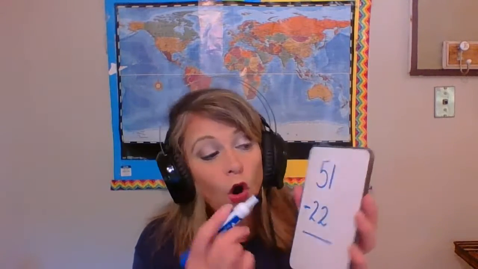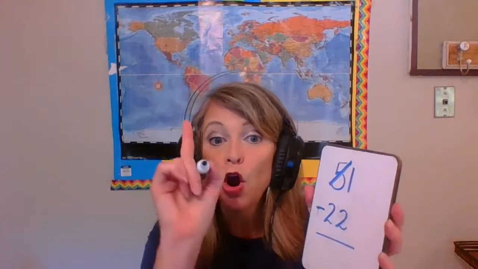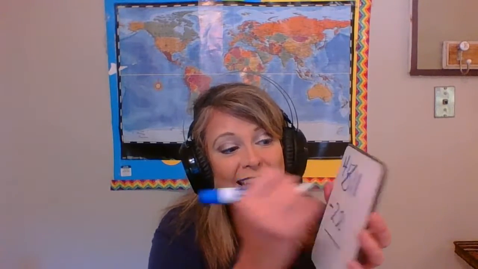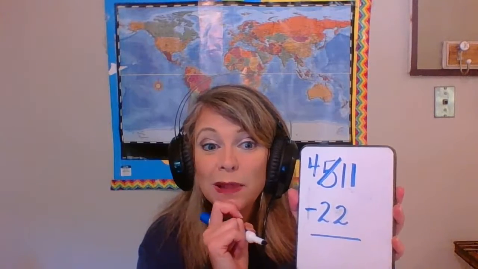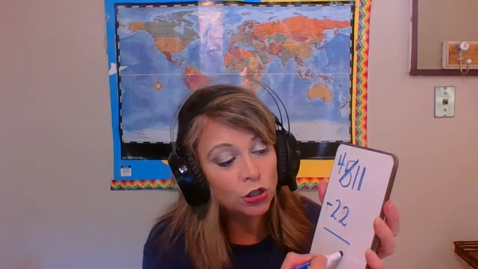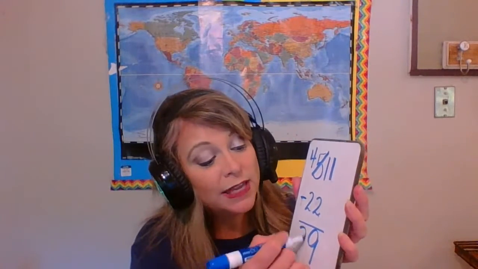Can you take 2 from 1? No. You need to go over to the tens place and borrow 1 ten. You make that a 4 and add a 10 to the ones place. Now you have 11 minus 2 is 9, and 4 minus 2 is 2.